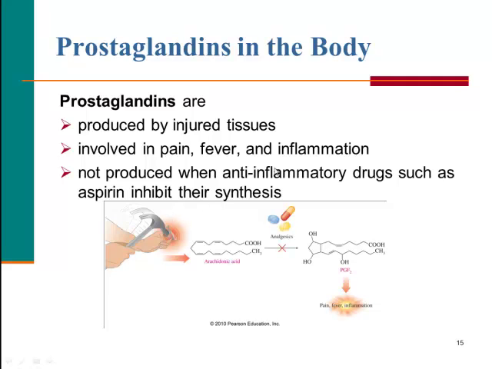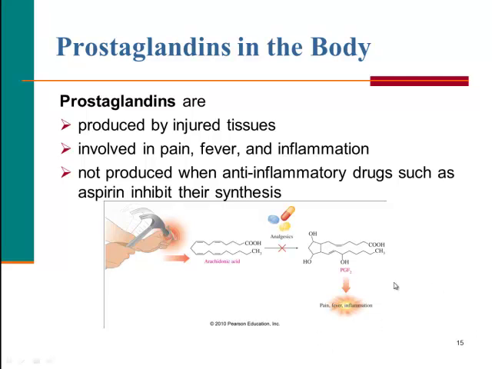So anti-inflammatory drugs like aspirin are actually going to block the ability of your body to take these fatty acids and convert them into prostaglandins. That's why something like aspirin works to alleviate our symptoms, because it's alleviating the molecules that are causing the symptoms that are the result of the injury.